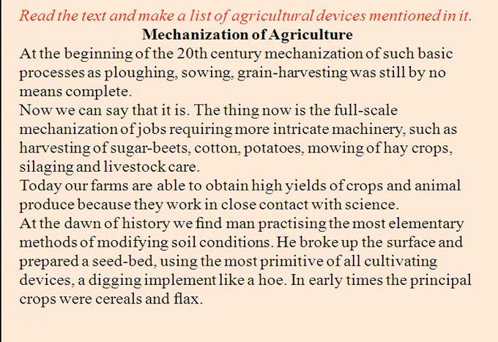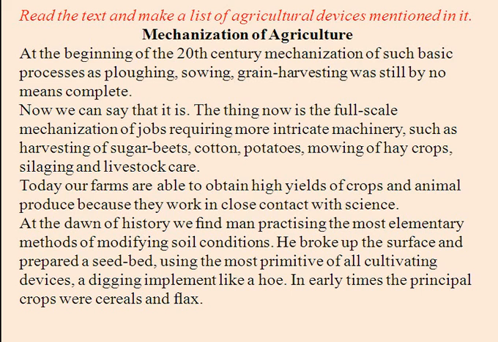Now let's read the text and make a list of agricultural devices mentioned in it. Mechanization of agriculture. Pay attention to the pronunciation, and also you should translate the text and answer the questions.